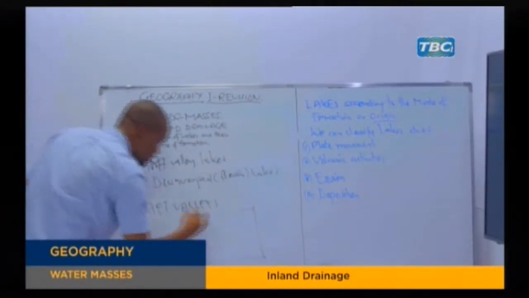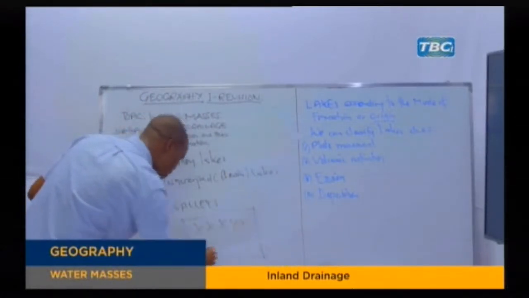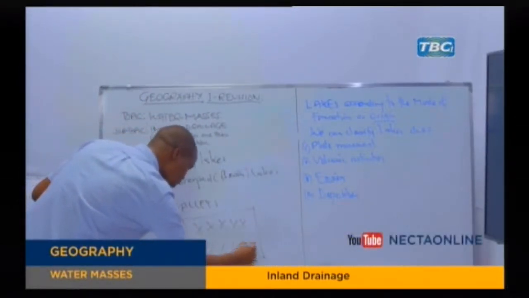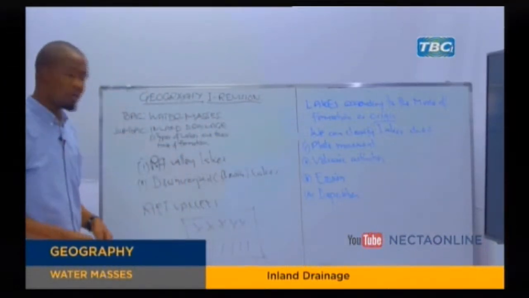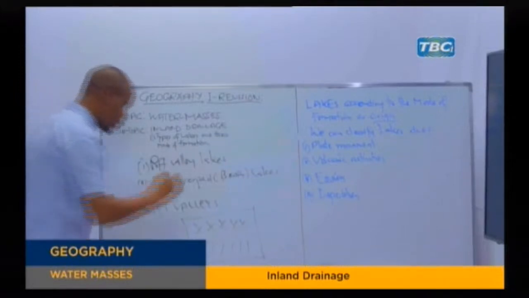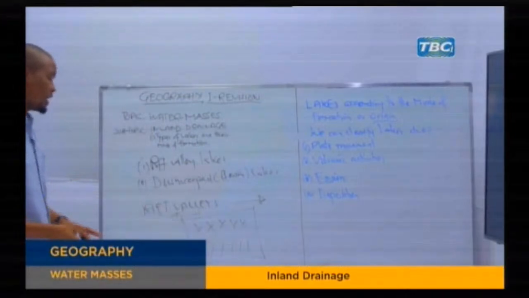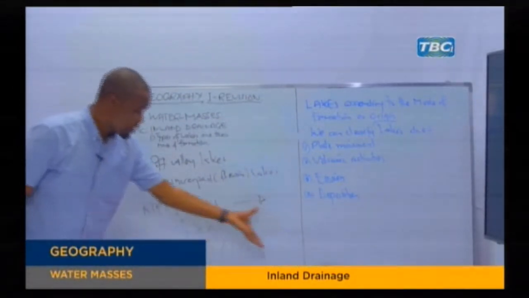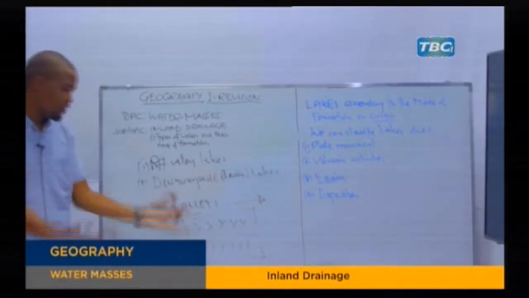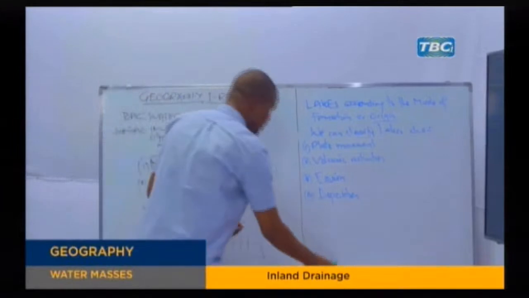Let's assume this is our land, this is our earth crust. When the lateral forces act upon the earth's crust, two processes may occur. One, let's assume this is tensional forces. If tensional forces act upon the crust, as you can see right now, the crust may move away from each other, and later may result in the formation of a gap.